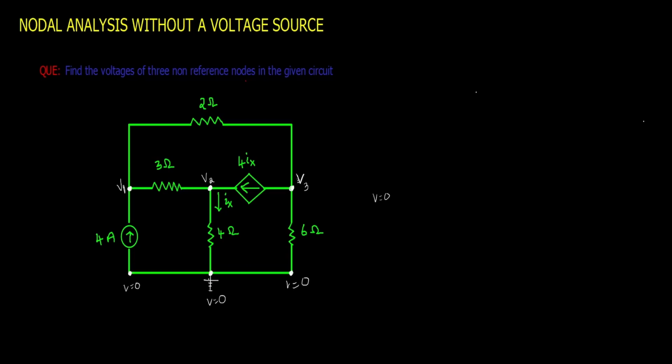We usually use the sign convention as positive if the currents are exiting the node and negative if the currents are entering the node. So let us write the sign convention first.